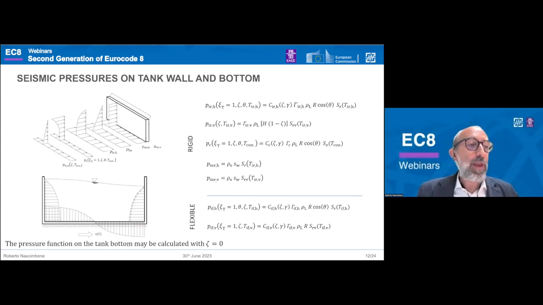On the left, we have a graphical representation of the pressure exerted on the tank wall, and on the right, the corresponding equation.